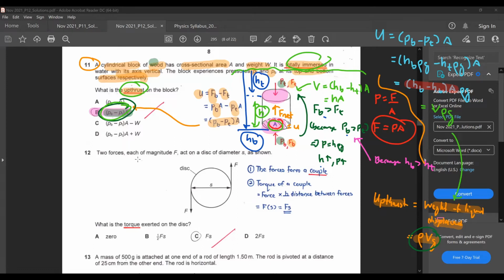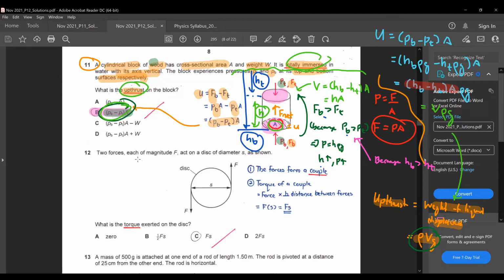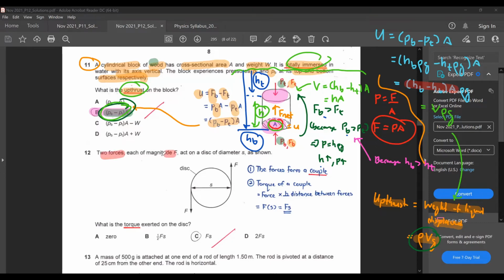You have two forces, each of magnitude F, that act on a circular disc of diameter S as shown. What's the torque exerted on the disc? When you see these forces, equal magnitude, opposite direction, separated by a distance, you already know this is a couple.